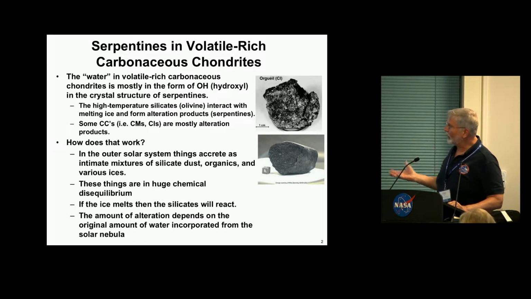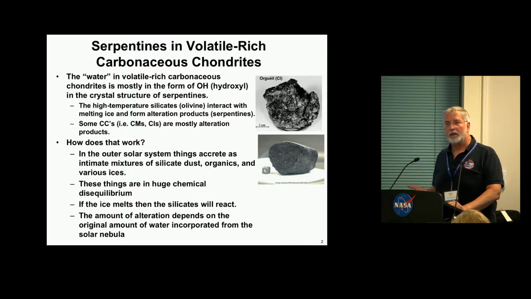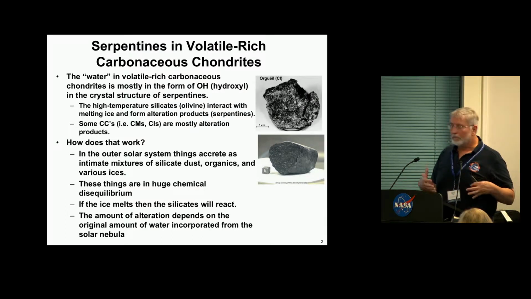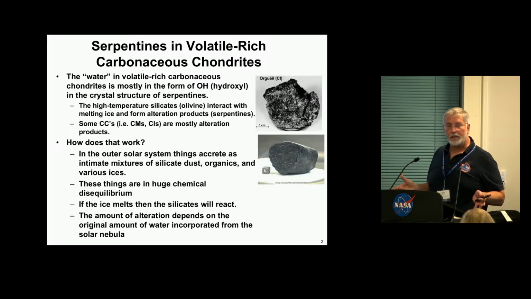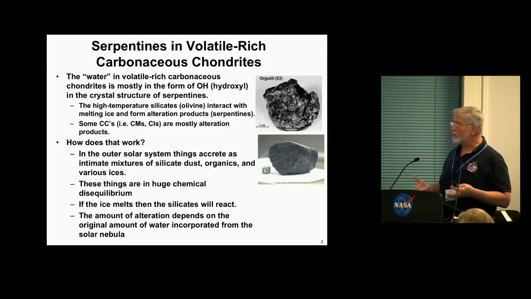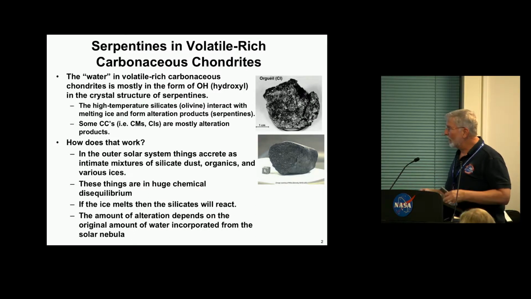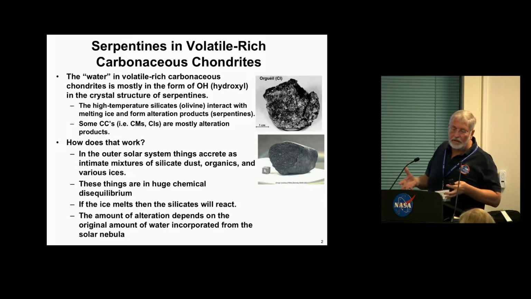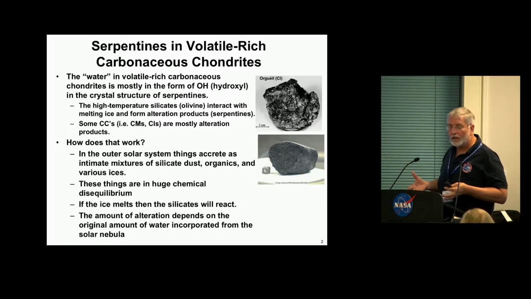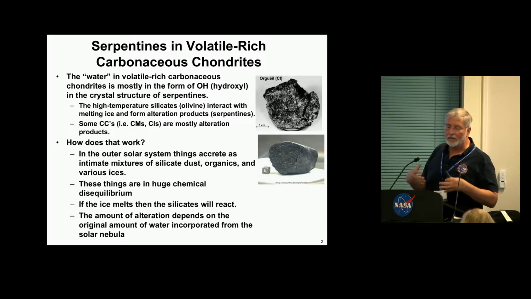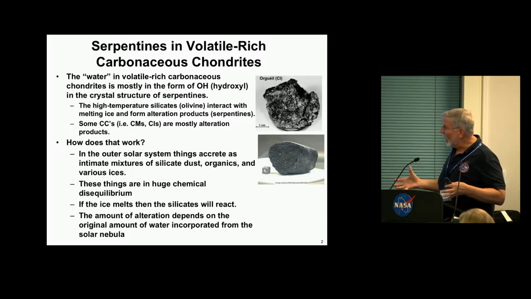So what's going on is that serpentines are alteration products of higher temperature silicates, typically olivines. The way you get this stuff is in the early days of solar system accretion, these high temperature materials, the olivines, accreted with low temperature materials and had this soup of high temperature dust and low temperature volatiles.